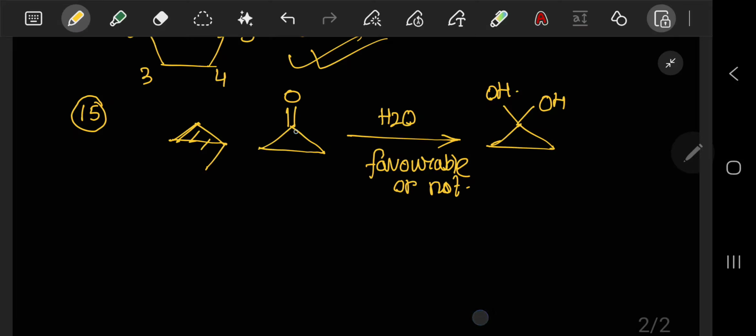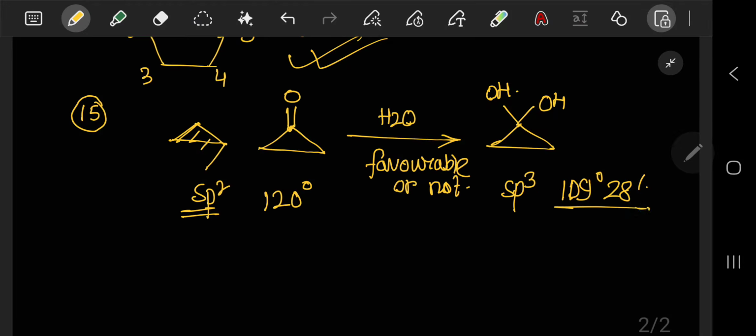See, this carbon is having the sp2 hybridization and this particular carbon is having the sp3 hybridization. So in sp2 hybridization, what is the bond angle? In sp2 hybridization, bond angle is 120 degree, and in sp3 hybridization, bond angle is 109 degree 28 minutes.